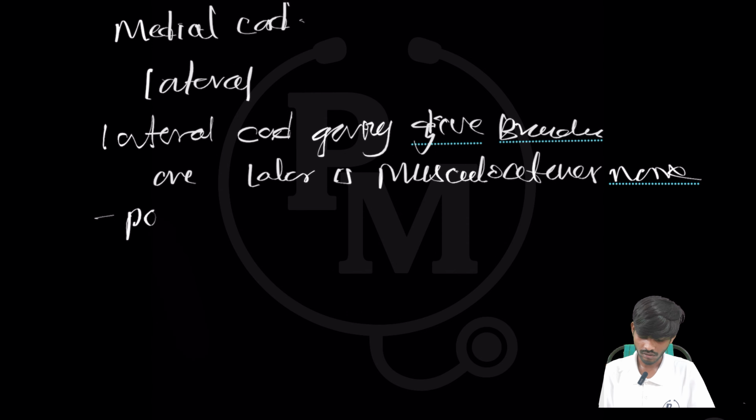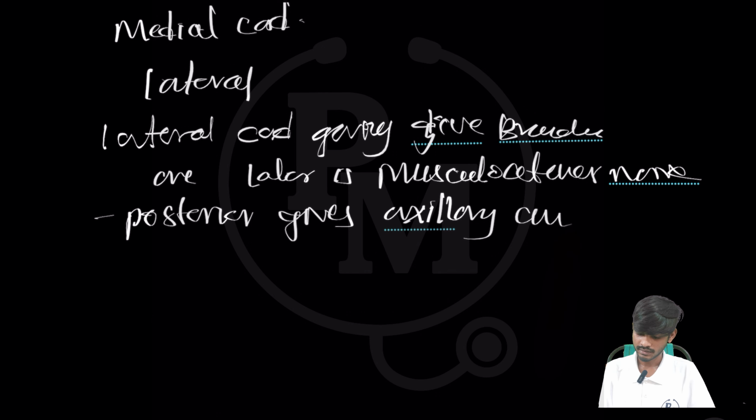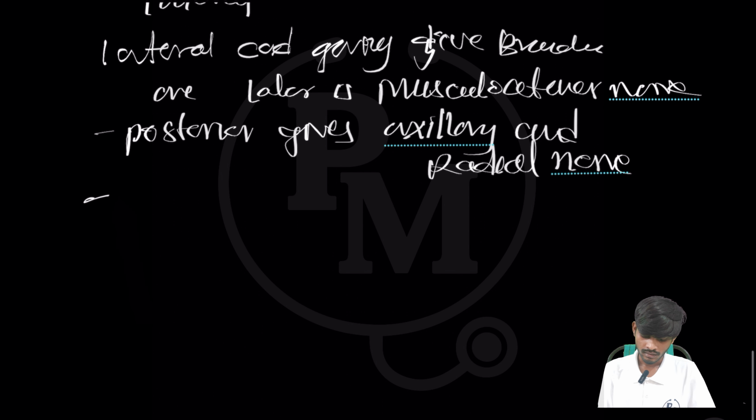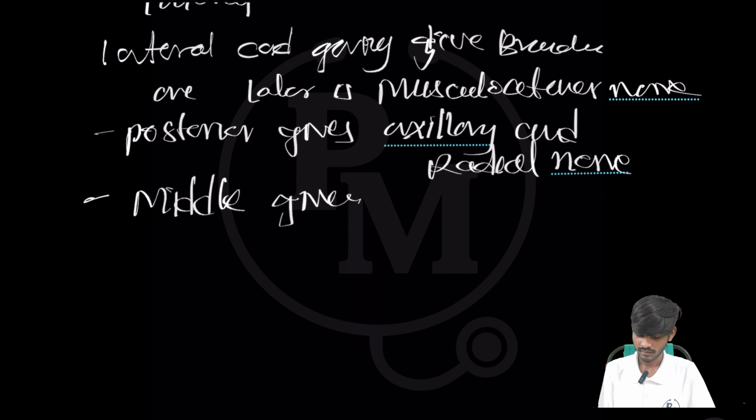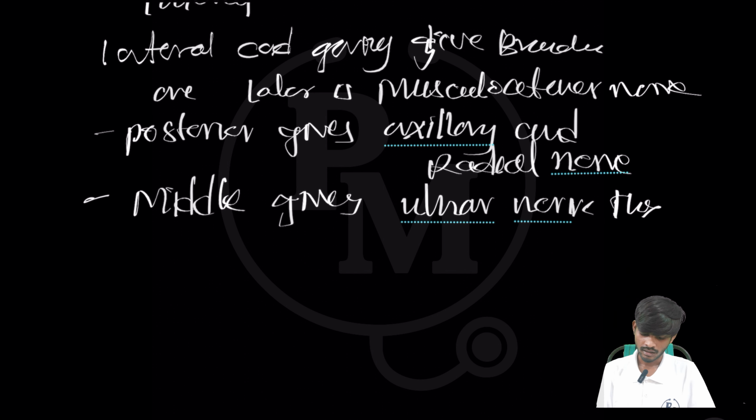Then posterior cord gives axillary and radial nerves. These are the main branches of posterior cord. Then medial cord gives ulnar nerve. This is the main branch of medial cord.